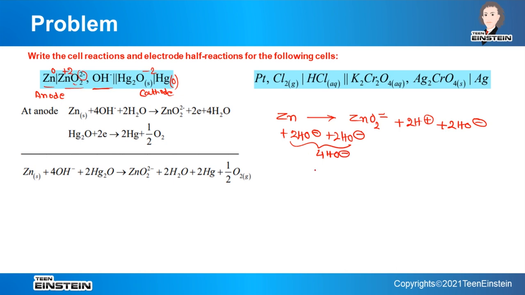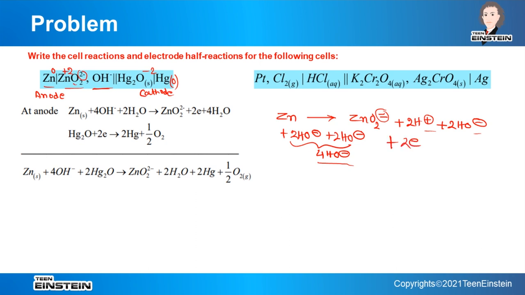Okay, now we have to balance the negative charge. How to balance the negative charge? It is very easy. In the left hand side we have total 4 negative charge, and in the right hand side the H plus and HO minus will cancel each other. So overall in the right hand side there is 2 negative charge. So 4 negative charge in the left hand side but 2 negative charge in the right hand side. So to balance charge we have to add 2 electrons.